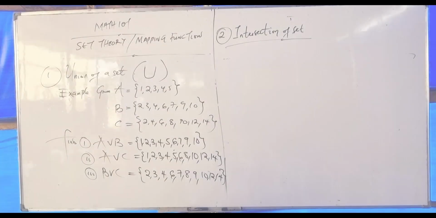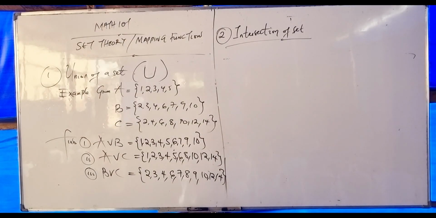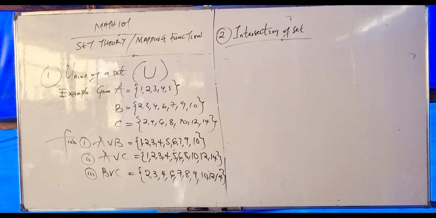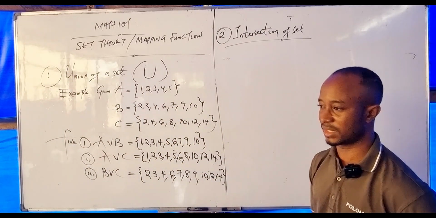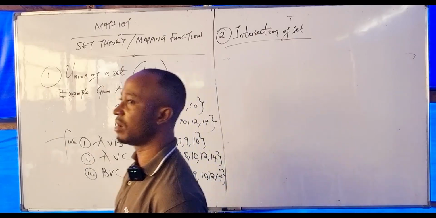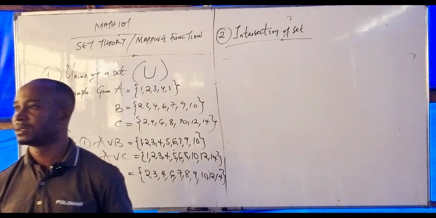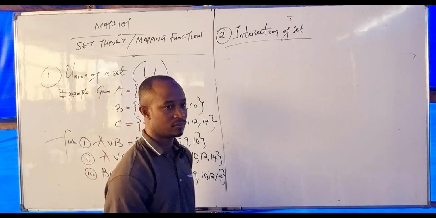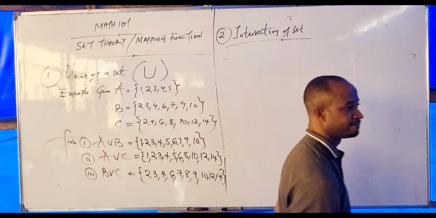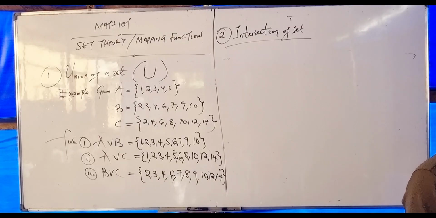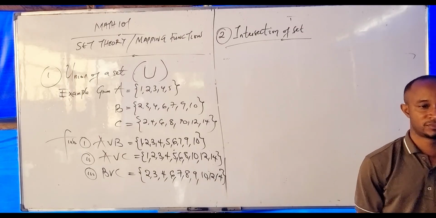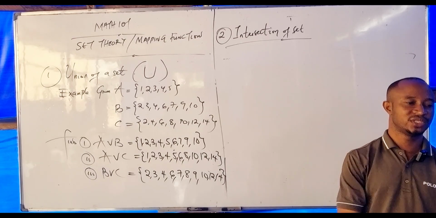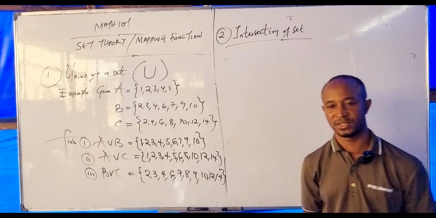Two sets are said to be intersected with each other if they have a common element. No, disjoint is if they don't have a common element. That means A and B are disjoint. But if they have a common element, it's not the same as disjoint.